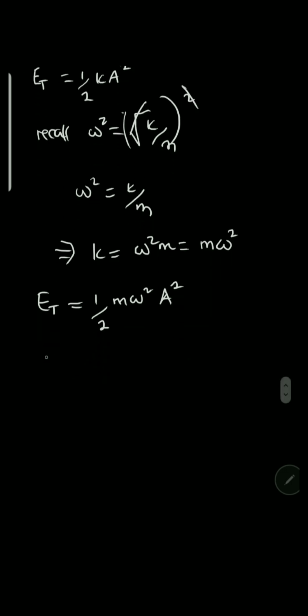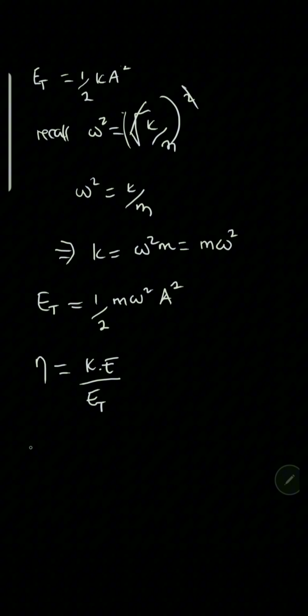Alright, so now we proceed with finding our fraction, which is simply the ratio of the kinetic energy divided by the total energy. It does not say it's a ratio, hence we'll have no units. So what did we find for the kinetic energy?